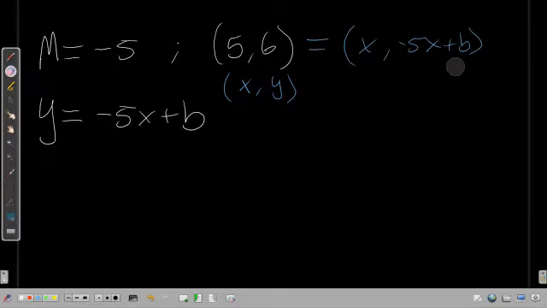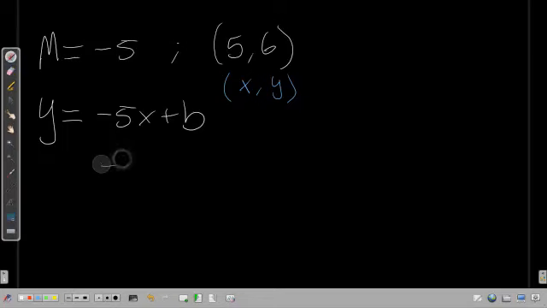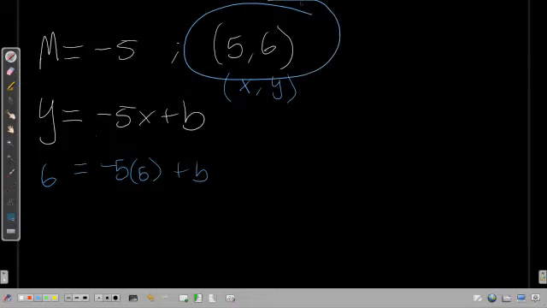So we can just take that number 5 for x and substitute it in. We can take that number 6 for y and plug it in. And this equation must hold because it goes through that point.